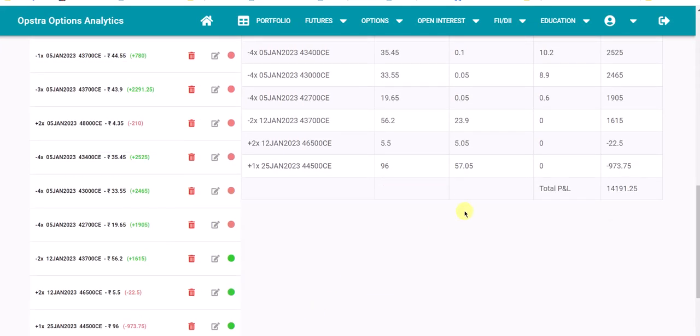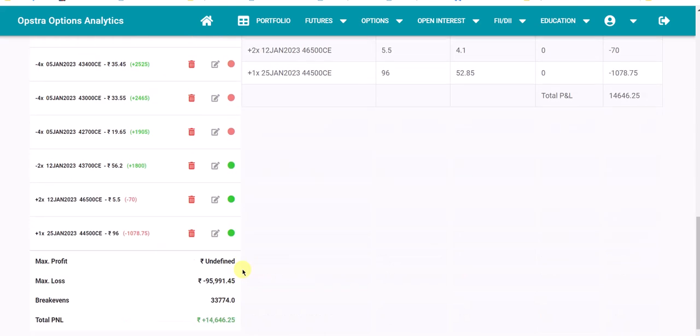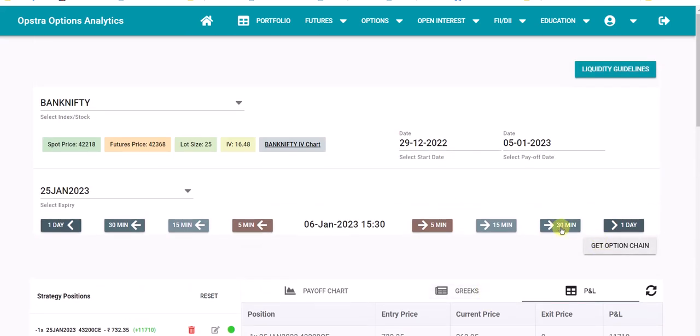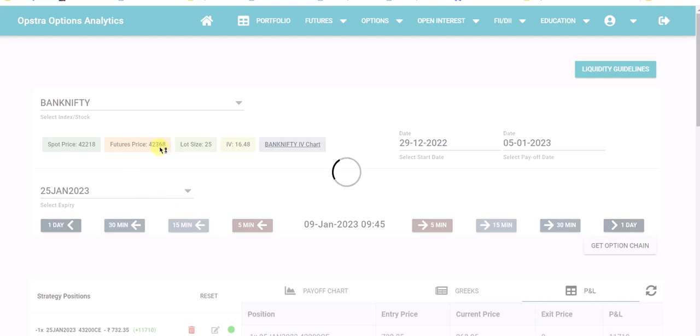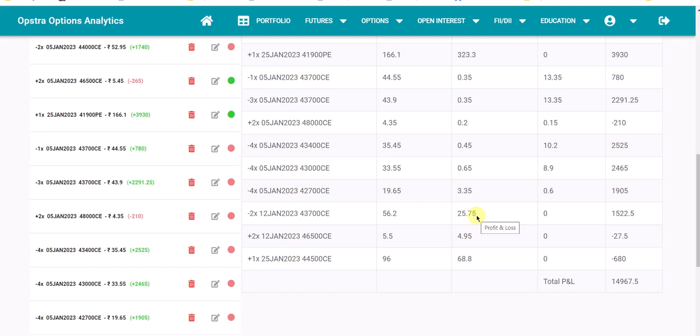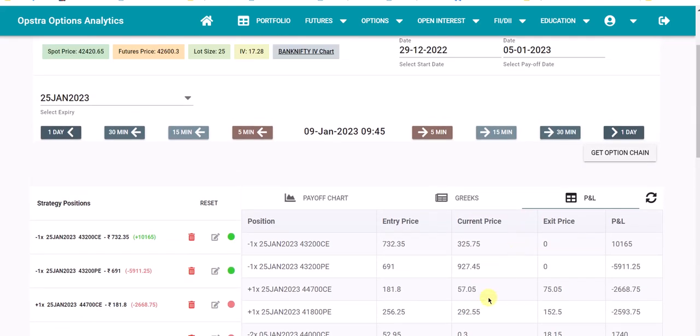So there is some reversal, so you can still see this. It's not much loss. So there is good reversal, but our sell leg is not hurting us.